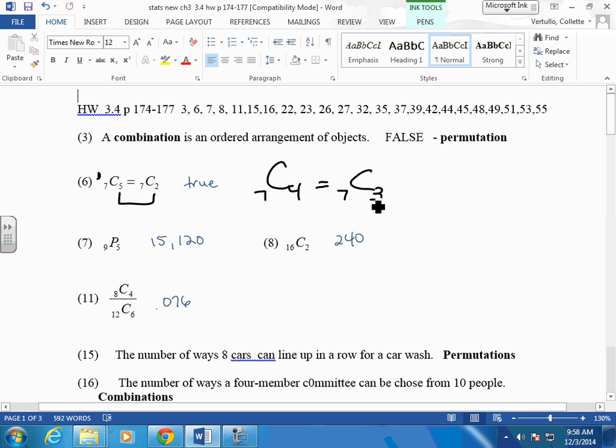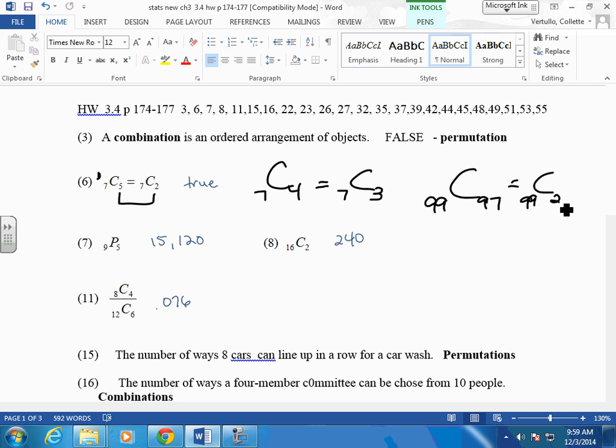Good. And this is where it's helpful: 99 things, 97 at a time, what is that equivalent to? 99C2. So that one might be easy. If you didn't have a calculator, that one might be easier to work out. So that little piece of information does come in handy.